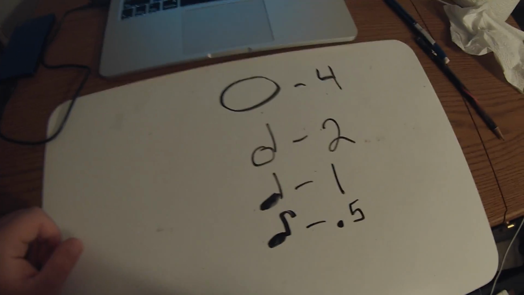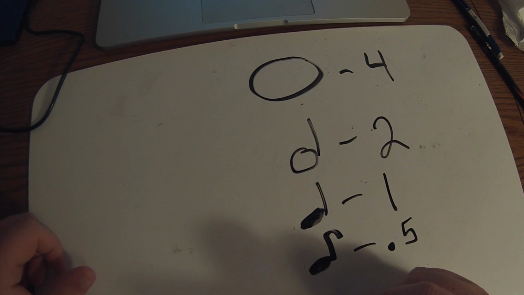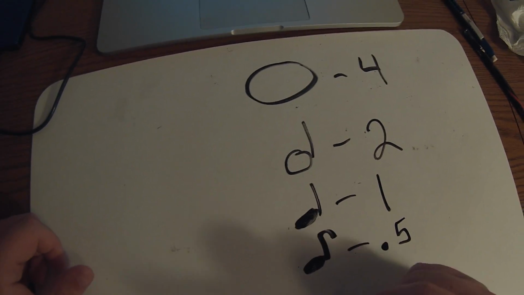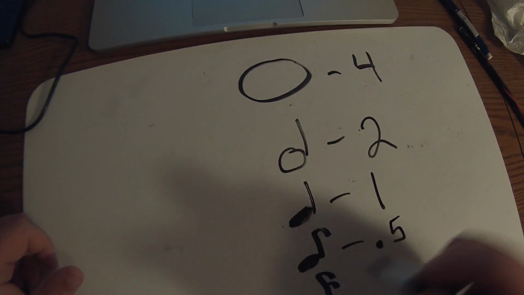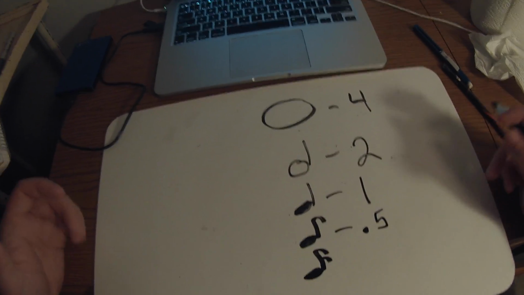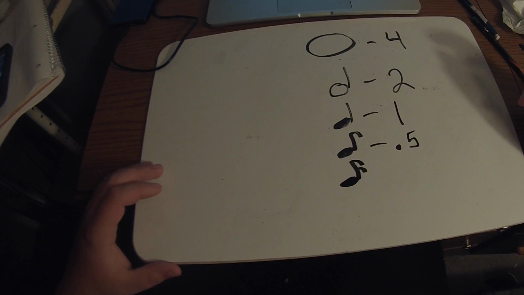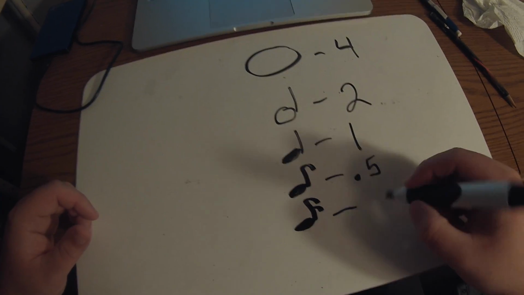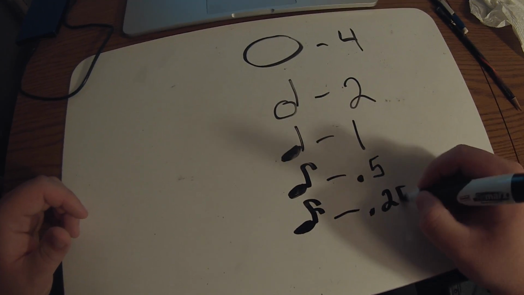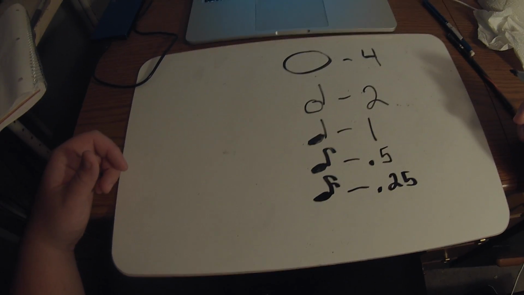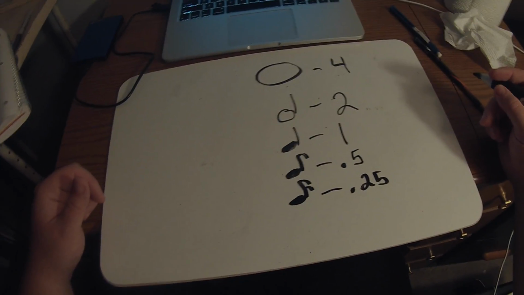Okay? Now, the next rhythm duration is a 16th note, which is basically a quarter note with 2 flags on it. Okay? And this equals a quarter of a beat. So it's 4 times as fast as a beat.